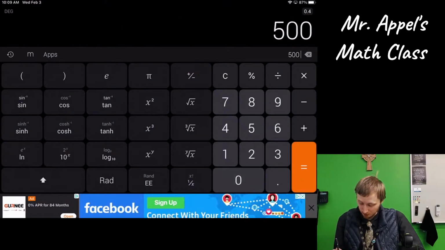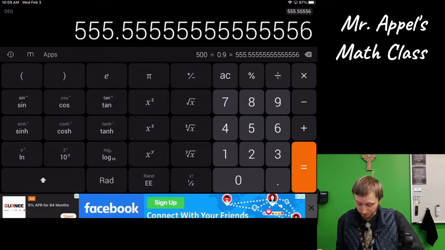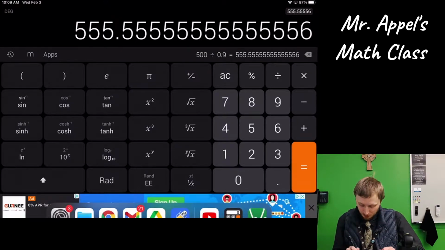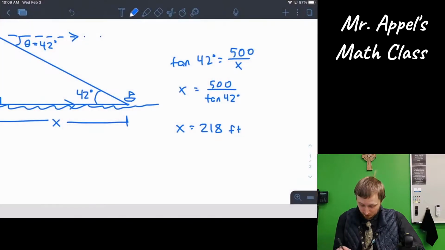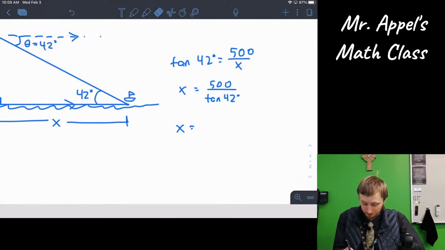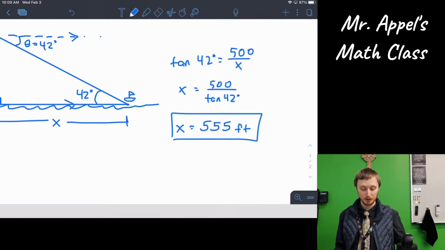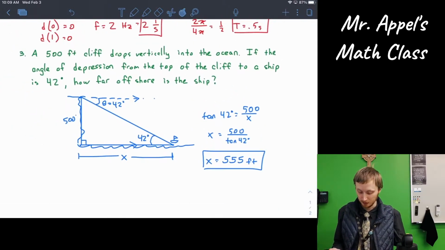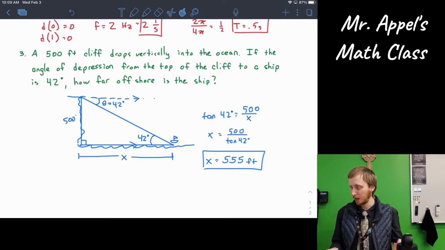So 500 divided by 0.9 is 555. That's what I was looking for. If you got 218, you were in radian mode. That's probably the biggest trick on these. There we go. It's 555 feet.